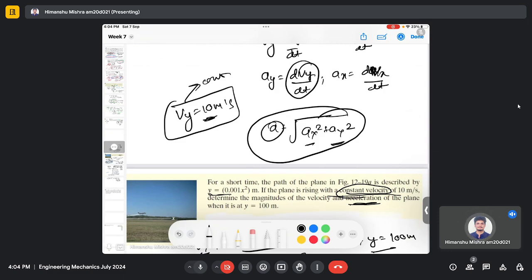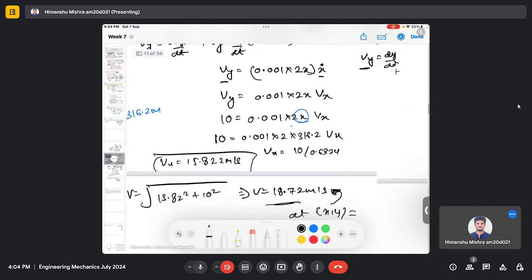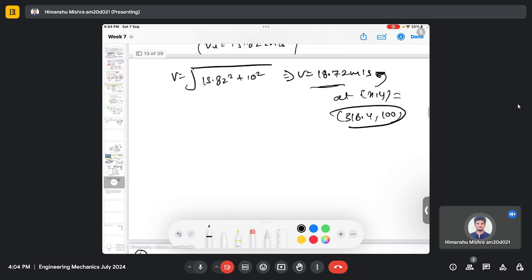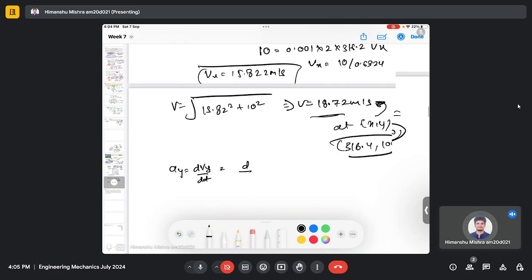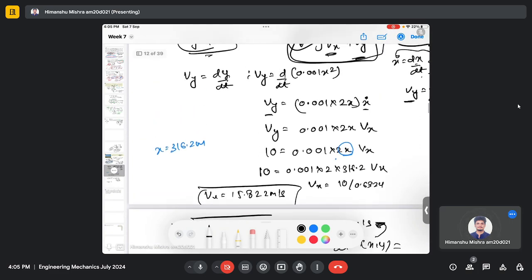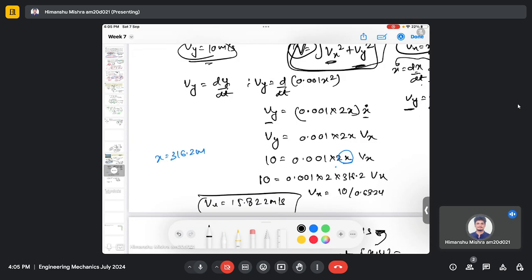So my acceleration Ay is 0, right? So I can use this expression. My Ay is dVy by dt, and this is my Vy which we have found out.